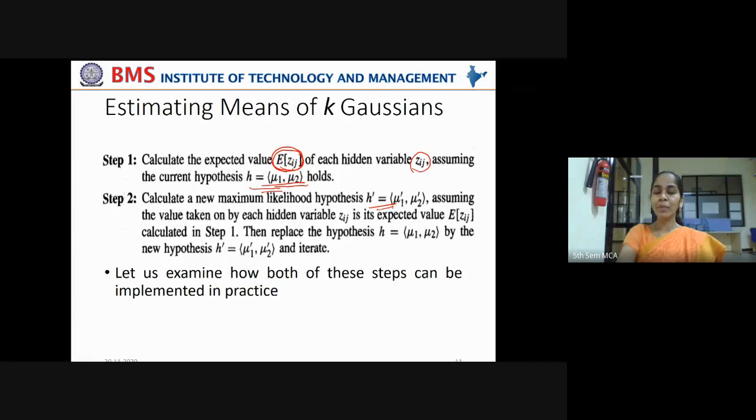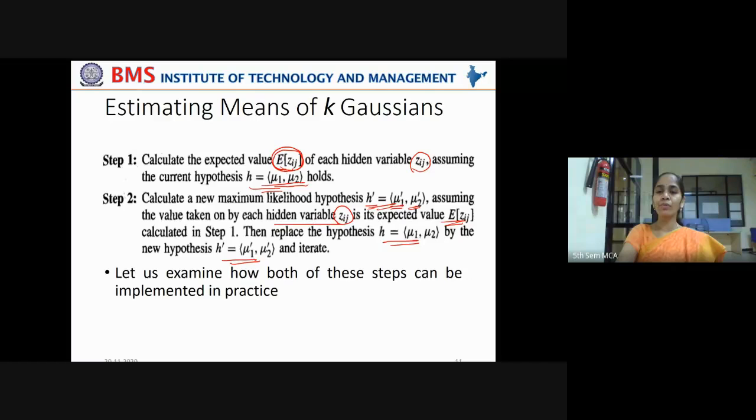Now the new maximum likelihood hypothesis contains the new means, assuming the value taken on by each hidden variable Zij is its expected value E of Zij, calculated in the first step. Now what is your next task? Replace the old hypothesis by the new hypothesis and iterate.